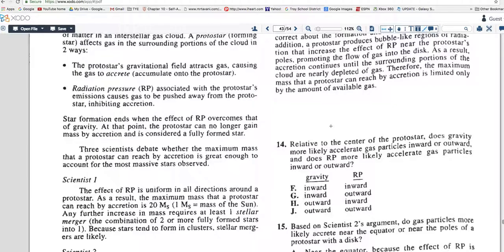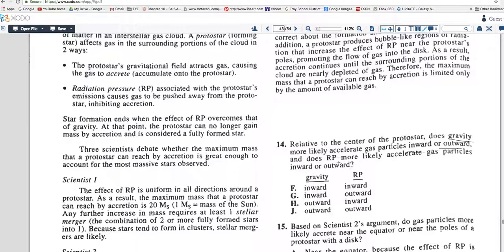So I underlined relative to the center of the protostar. Does G accelerate gas particles inward or outward, and does RP more likely accelerate gas particles inward or outward?